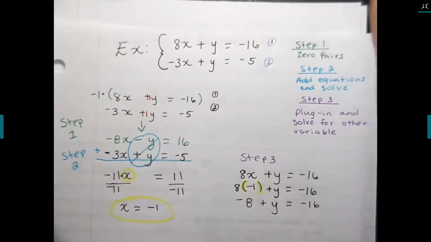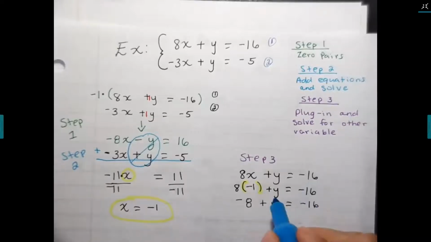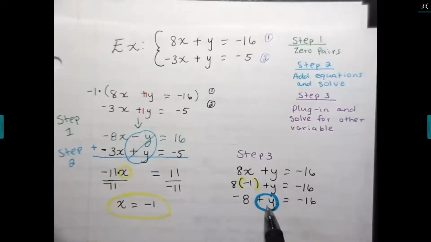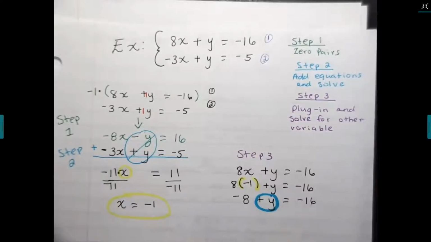Okay, now my target is to solve for y. It's really important that you notice that there's an addition in between the -8 and the y. So -8 is not being multiplied. There's addition, so this is actually a constant. So you got to get rid of the -8 by doing the opposite, which is adding 8.